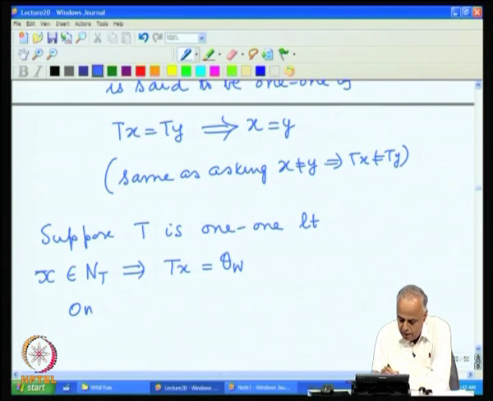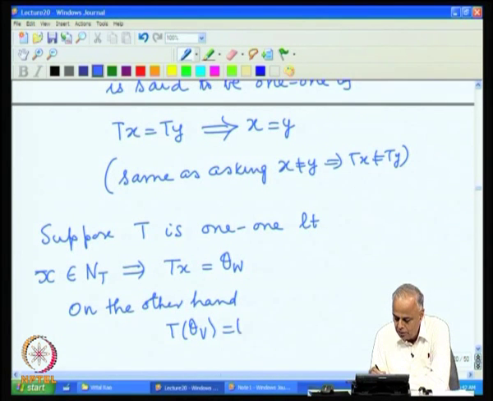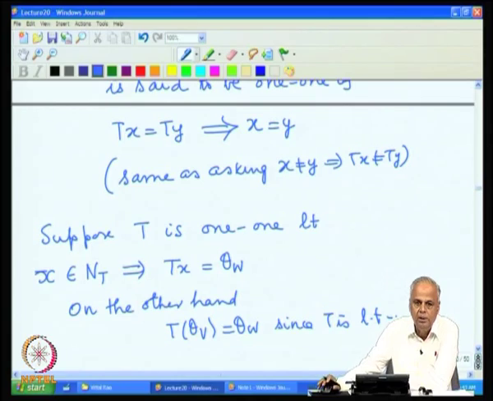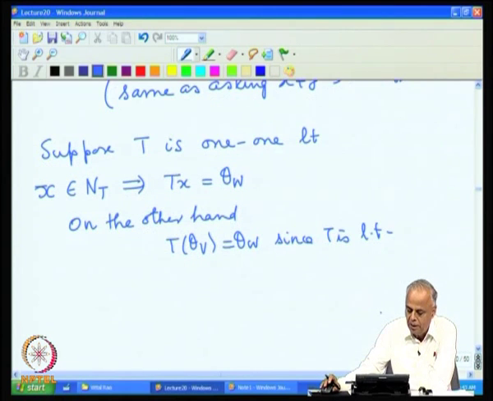On the other hand, T of theta V is theta W since T is linear, because a linear transformation always takes the 0 vector to the 0 vector.